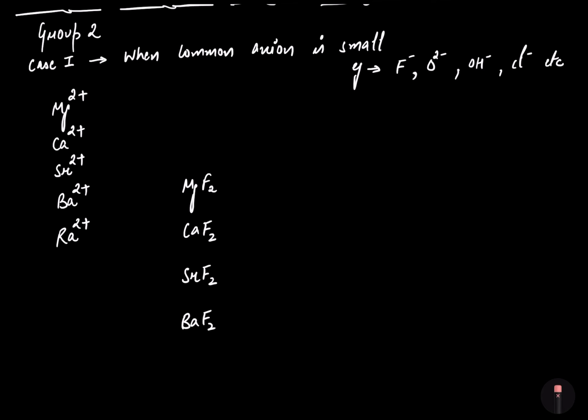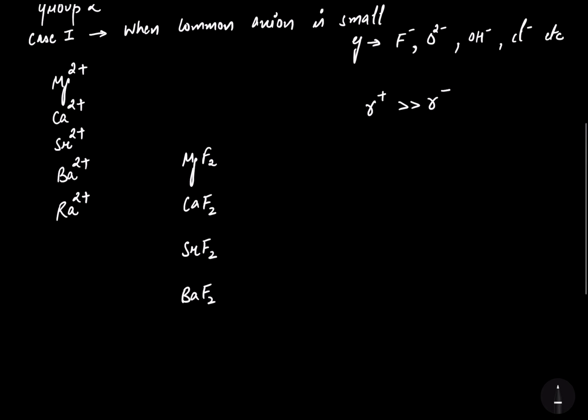Now, here the common anion is small. That means the radius of the cation is much greater than the radius of the anion. Now let's talk about the simple formula of the hydration energy and the lattice energy. For lattice energy, I have told you lattice energy is inversely proportional to the sum of the radius of cation plus radius of anion.